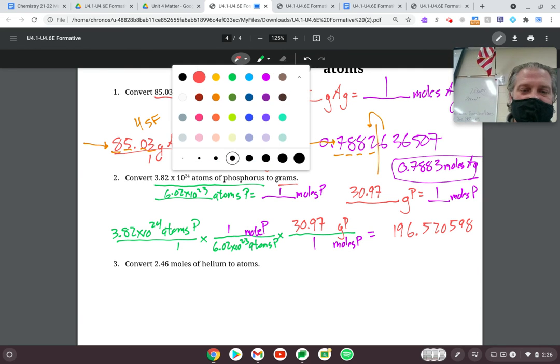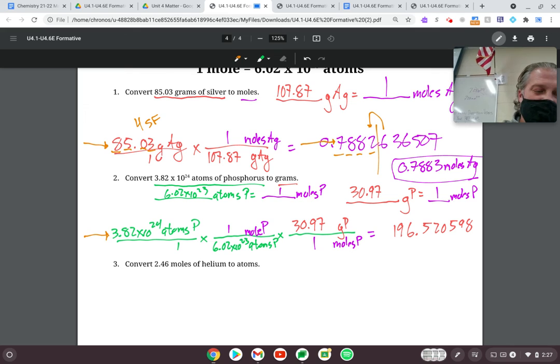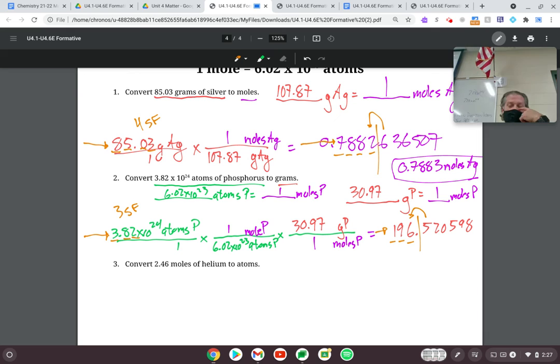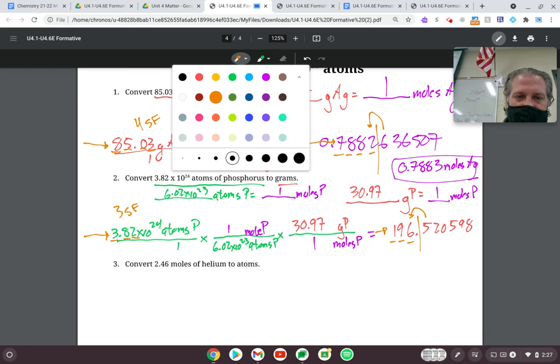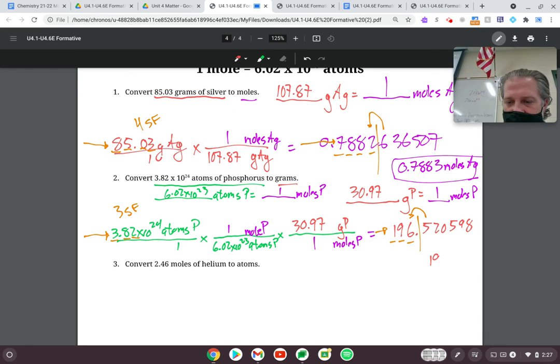I do need to assess my significant figures, so I draw an arrow coming in from the left. 1, 2, 3. So I have 3 sig figs for my given. So 1, 2, 3. Draw a line. That 5 can round the 6 up. So my final answer will be 197 grams of phosphorus.